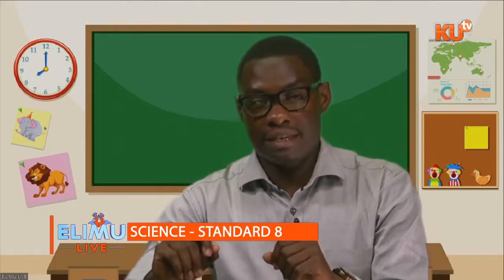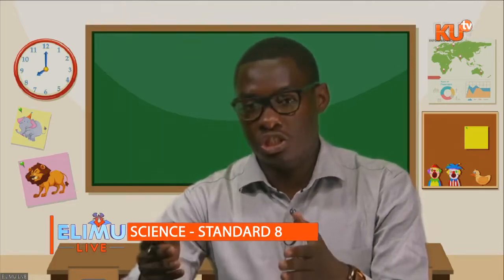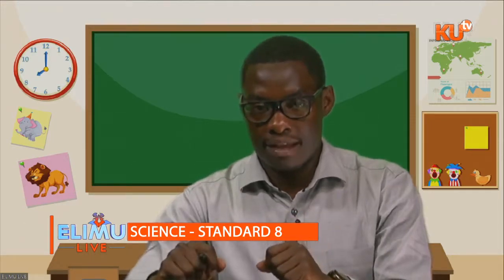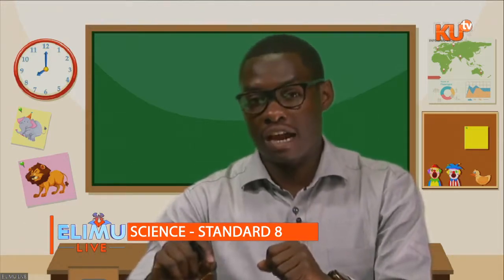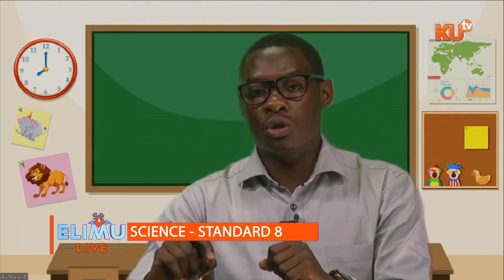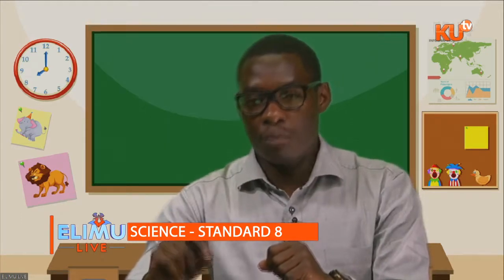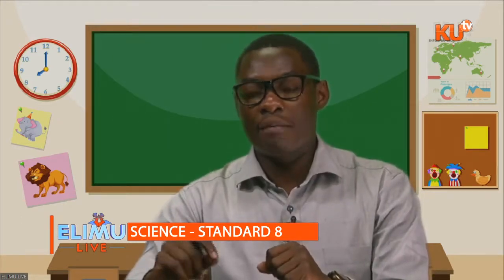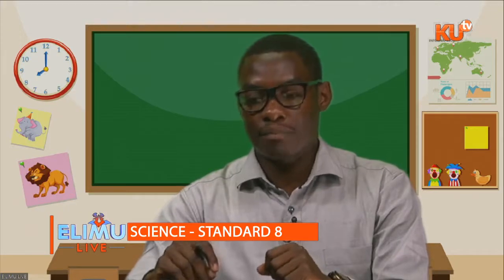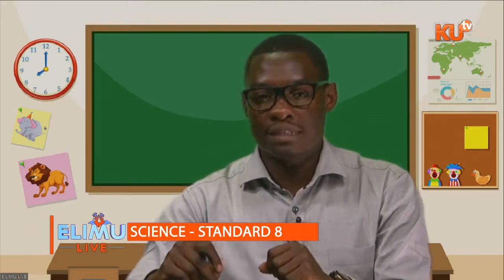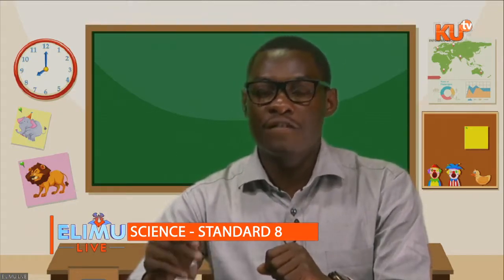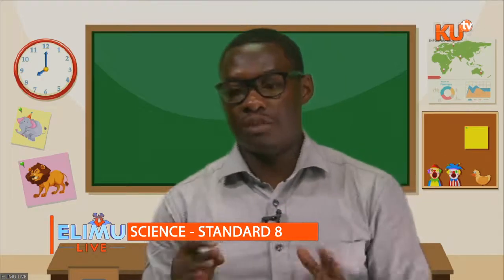At this stage, we have different changes in the body system, and these changes are brought about by what we call hormones. And hormones are chemical substances produced by our bodies that control different activities in the body.